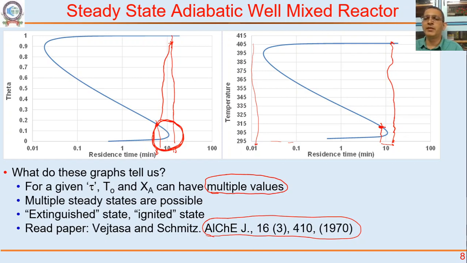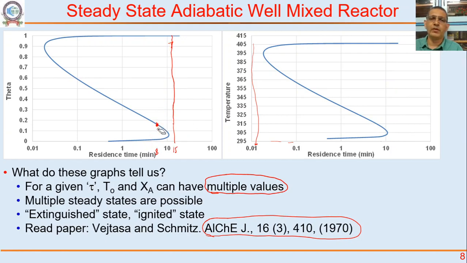So much sensitivity is there, and that's why reactor process control for reactions becomes so much more critical. You have to understand all these things and take into account when you design control systems for such reactors, that your reactors can exhibit extreme sensitivity to small changes in residence time or small changes in flow rate.